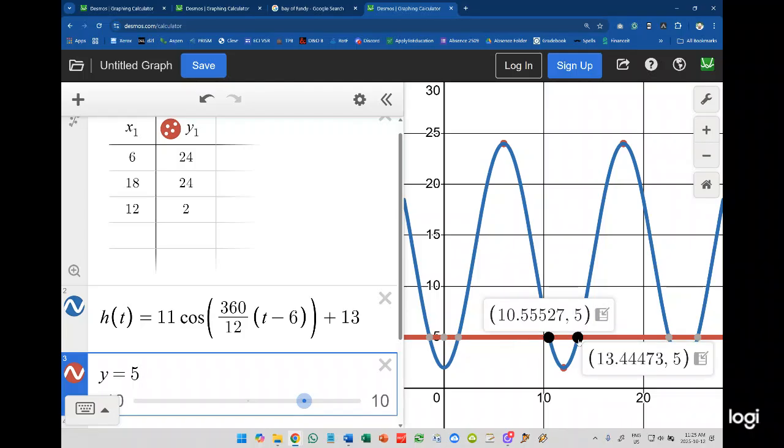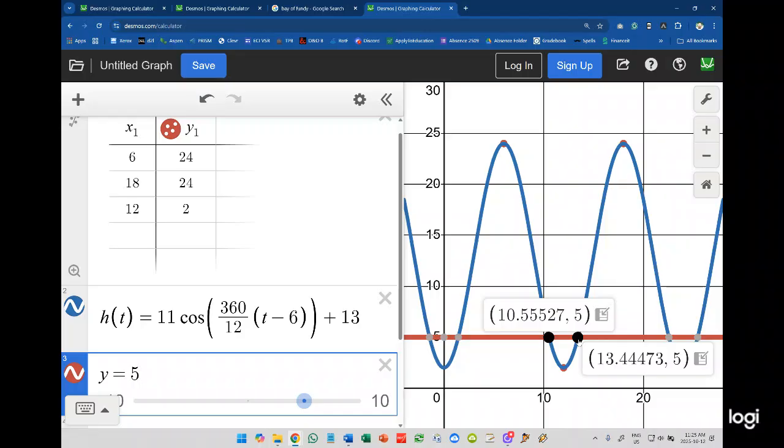So now just to be careful here, because I have a lot of students that will say, well, it's any time between 10.55 and 1.44, but decimals are not the same thing as minutes. So this is just over 10.5 hours, so just after 10:30 in the morning until just before 1:30 in the afternoon.